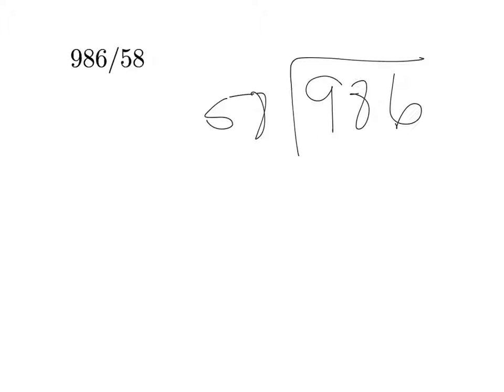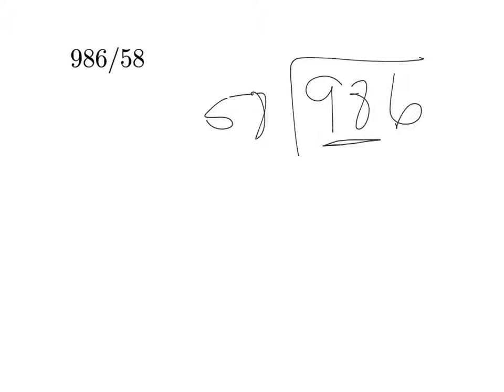986 divided by 58. Did I say 968? I meant 986 divided by 58. Okay, so let's think about this for a second. Does 58 go into 9? No, 9 is too small. Does 58 go into 98?